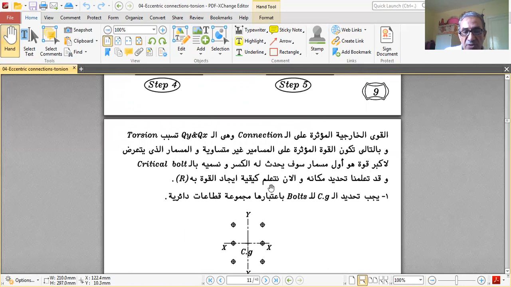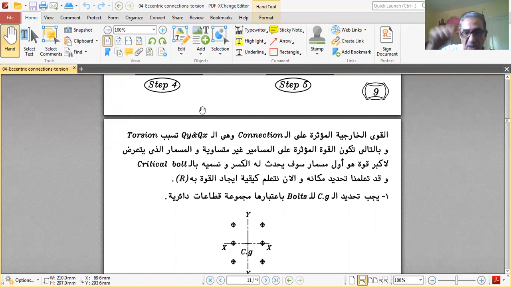The outside forces, or exterior forces, acting on the connection are Qx and Qy, which are the ones causing torsion. So the forces acting on the bolts are not equal. The bolt subject to the biggest force is the bolt that will fail first. It is called the critical bolt because it determines the design of the connection for this failure mechanism, which is the shear failure in the bolt.